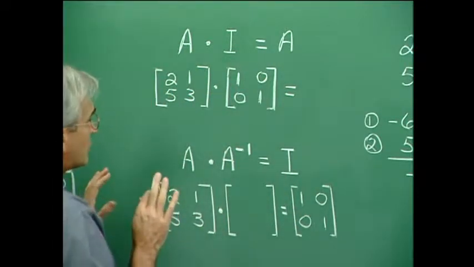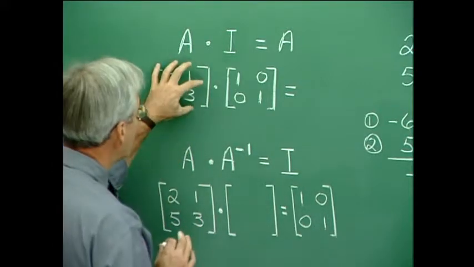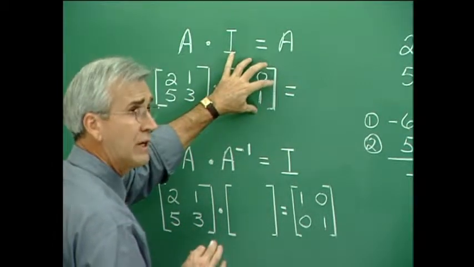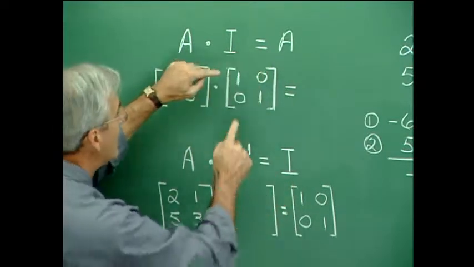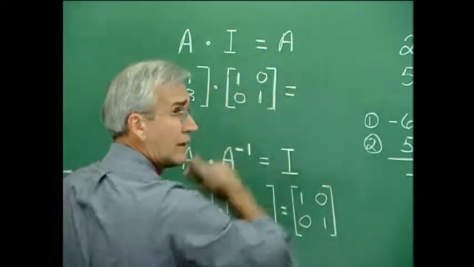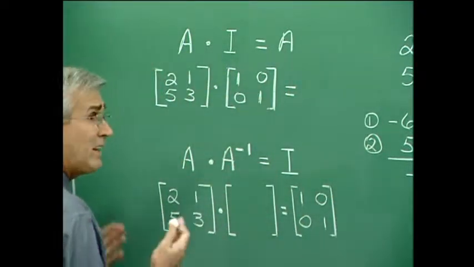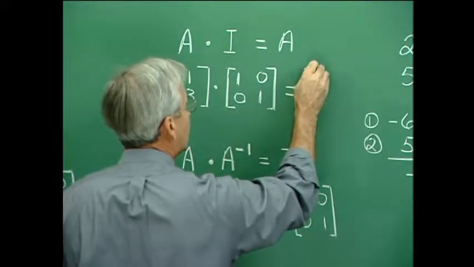Now, notice I'm just choosing as an example a little 2 by 2 matrix to start with. If this were 3 by 3 or 4 by 4 or 5 by 5, the identity matrix would be ones along the main diagonal and zeros in all the other positions.